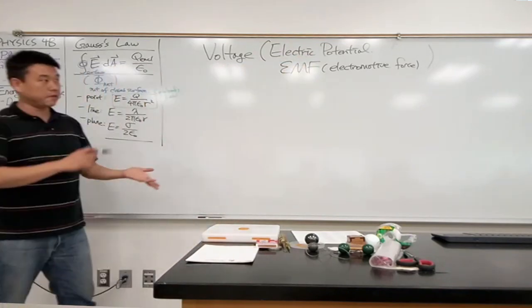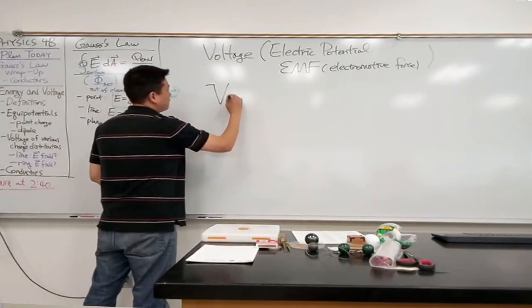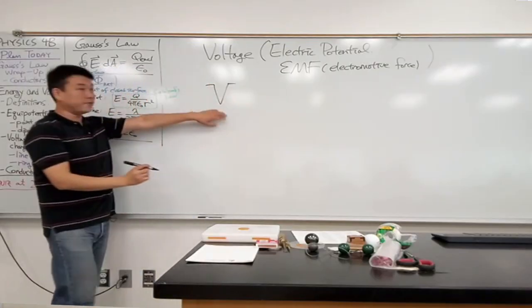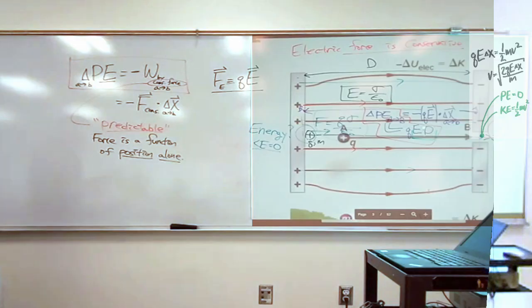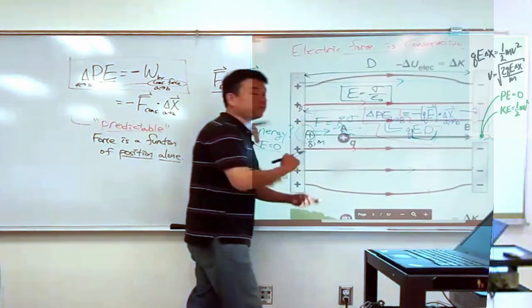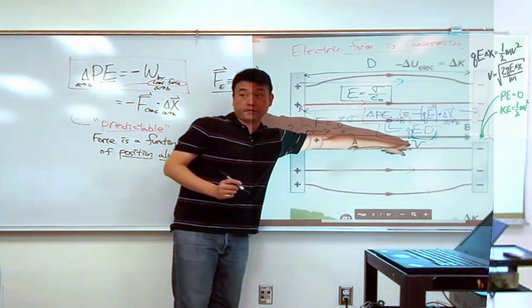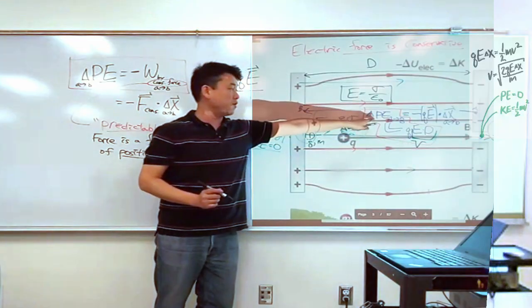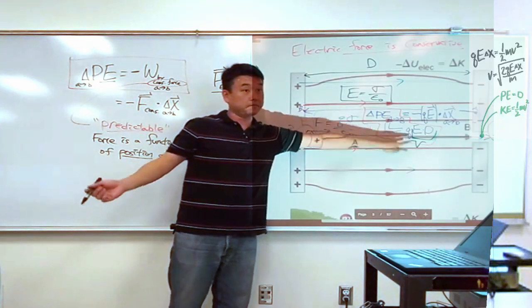So voltage, this is how we define it based on the discussion we had here. The way we would define voltage, represented by the symbol V: looking at this expression here, if I move this Q over to the other side, then this quantity, the property of the setup that I want to set apart by itself, which I would call voltage V, is the potential energy divided by the test charge.